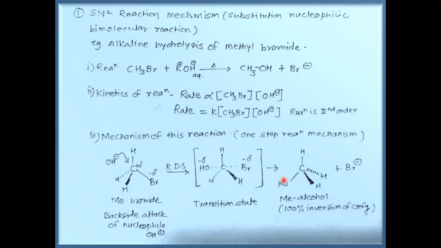So the complete structure of methyl bromide gets inverted after nucleophilic attack, like an umbrella gets inverted in a forceful wind. In the same way the complete structure is inverted, meaning 100% inversion takes place.